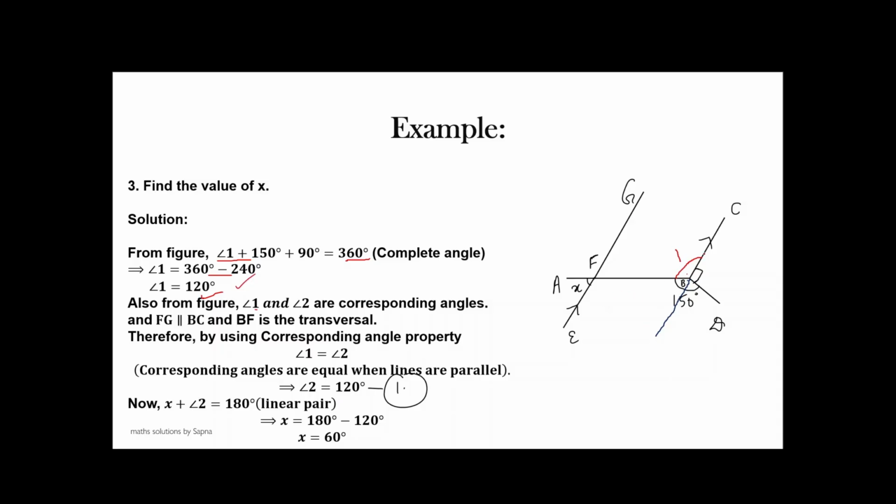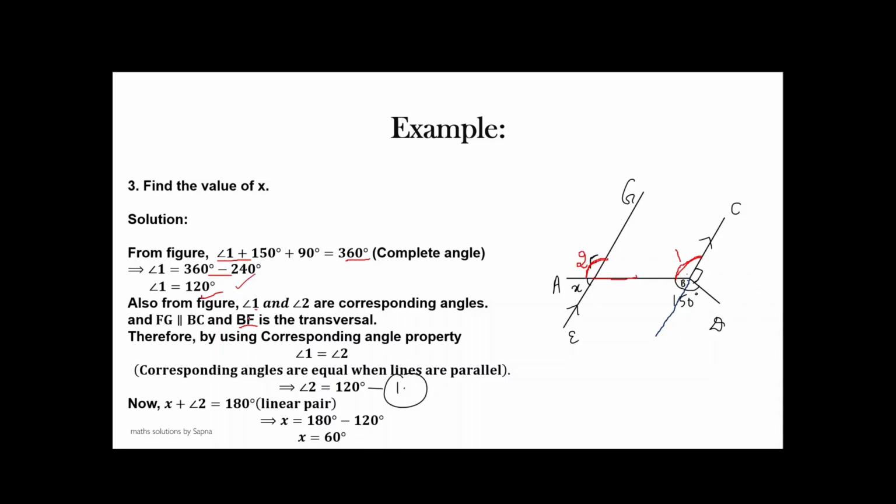Your FG is parallel to BC. This AB is the transversal, or BF is the transversal, you can say. Because it's the complete line, I can write AB or BF, it means the same. This line is the transversal, right? So this angle is above the line touching the transversal. This angle above the other line touching the transversal would be corresponding to it, yes or no? Right? So I'm naming this angle as angle 2.